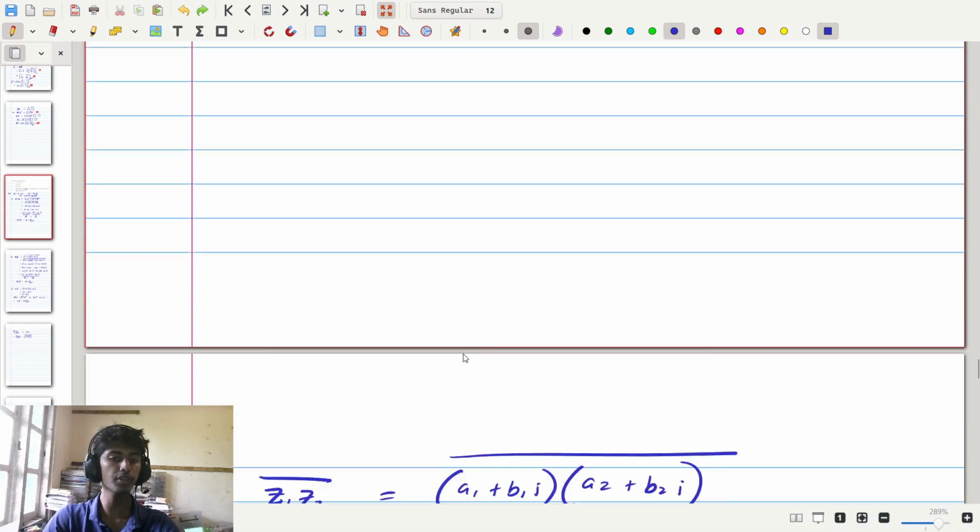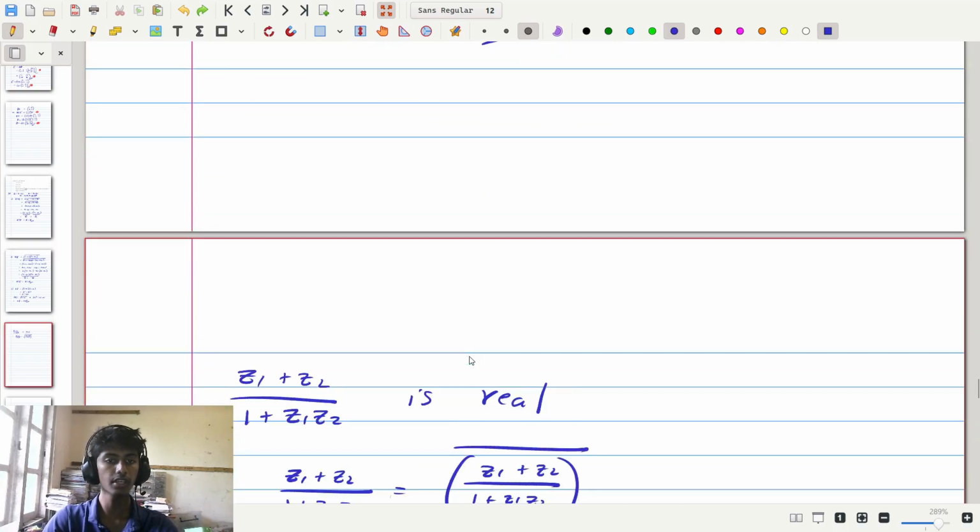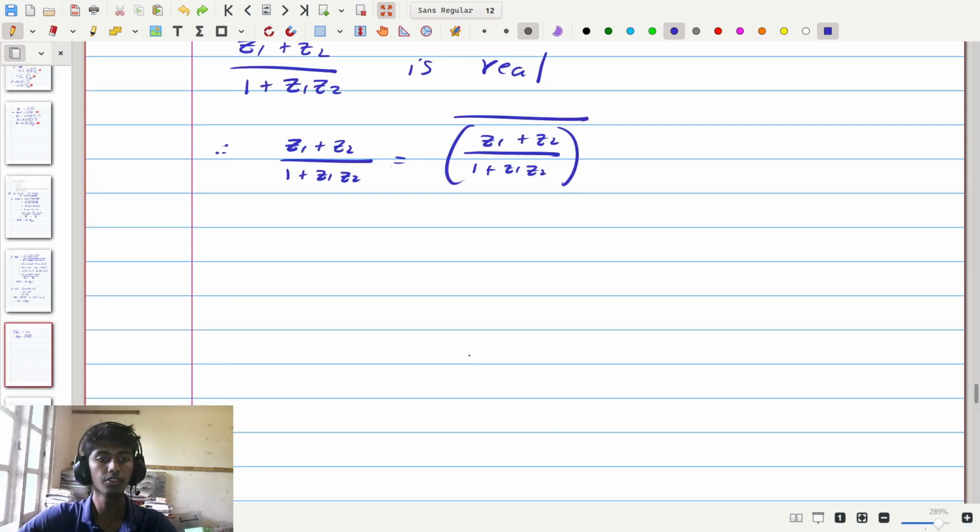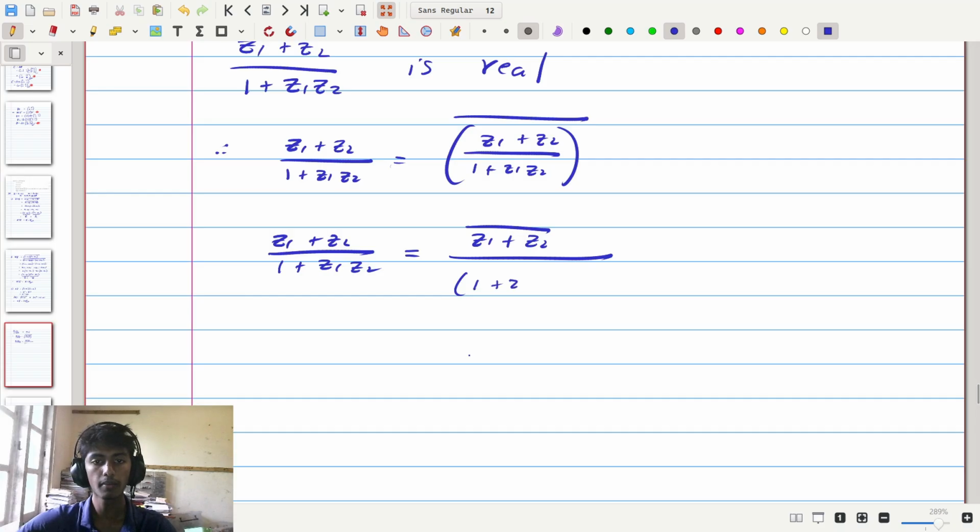According to this, z1 plus z2 divided by 1 plus z1 z2 would be equal to the conjugate of the thing on the top, which is z1 plus z2 conjugate, divided by the conjugate of the thing on the bottom, which is 1 plus z1 z2 conjugate.